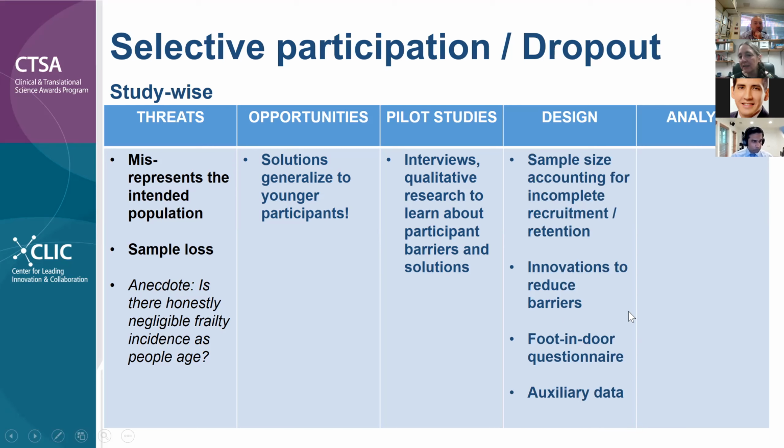The first is something that we're doing in the SPRING study, and the Salisbury Eye Evaluation also used this to good effect, what I call a foot in the door questionnaire. So, as a person is just on the verge of declining to participate in your study, or they're telling you, look, I'm just not going to participate anymore, sometimes they will be willing to fill out a very brief exit questionnaire, which ideally should be focused on key outcomes for the study.